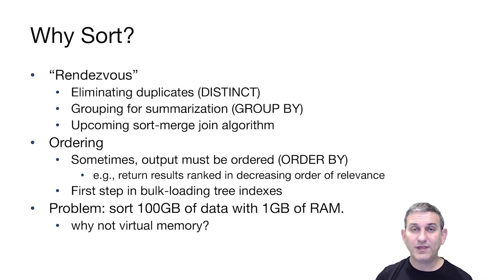Virtual memory is going to translate references to RAM into random disk IOs, and sorting will turn into a horrible slew of random disk IOs. I challenge you to do it. You can allocate a really big buffer and try to sort a file. The buffer may be much larger than memory, and you'll see that your algorithm is going to be very, very slow.